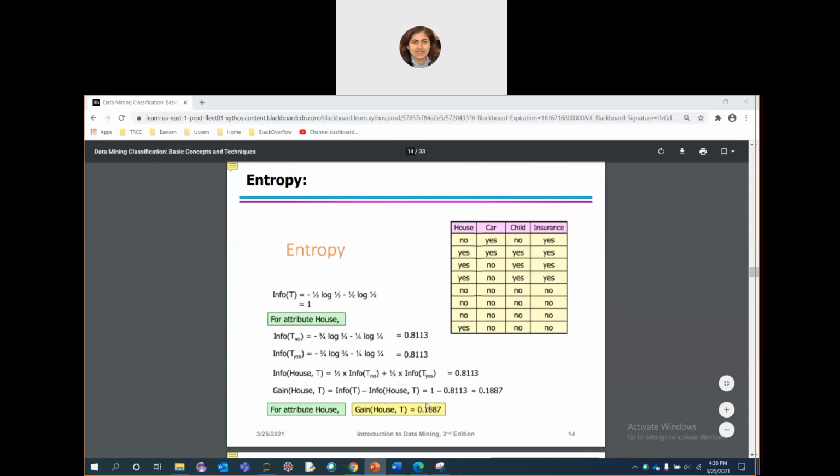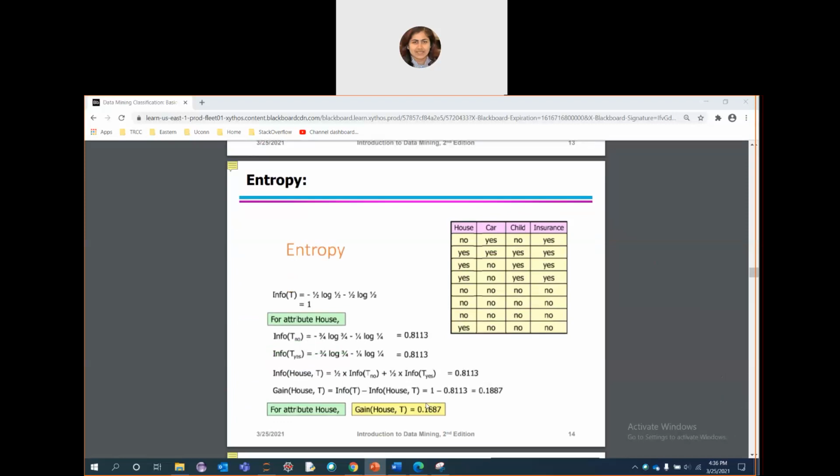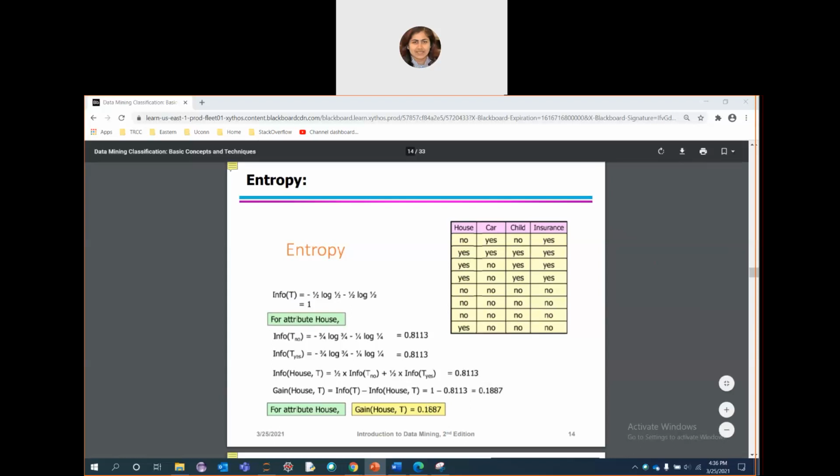Let's look into one example. So here we are having a data set: house, car, child, and insurance. These are our given attributes, and there are multiple records or characteristics available there.